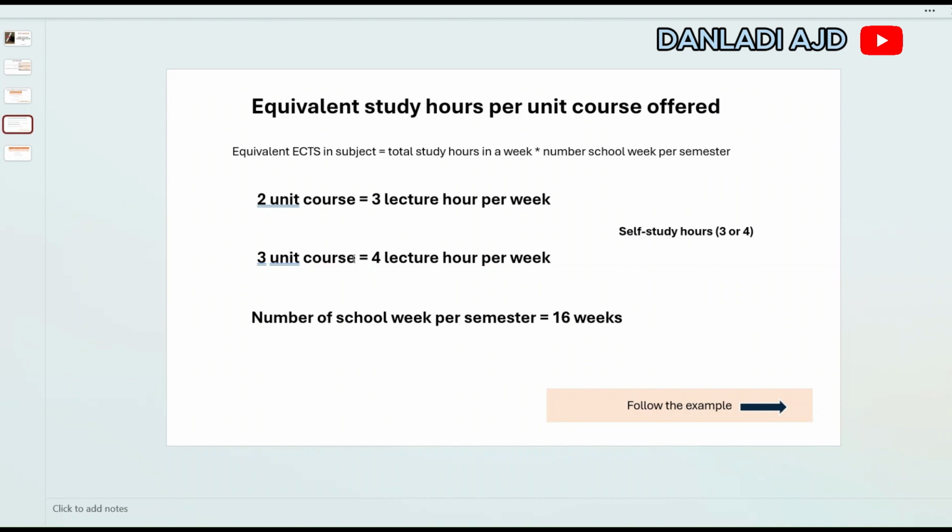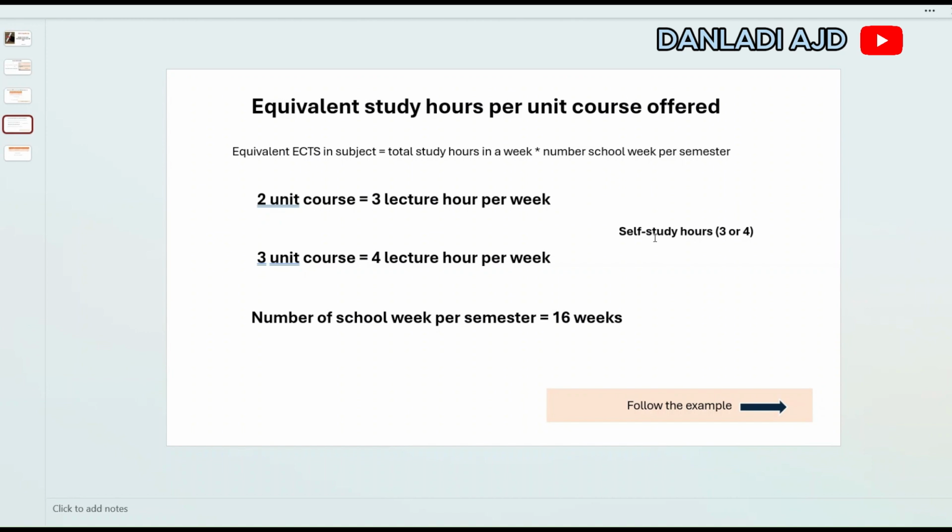So a semester has 16 weeks. Now, for the unit courses that Mr. Nelson Smith took, for a 2-unit course, he is expected to have had lectures of 3 hours per week. And then for a 4-unit course, he is expected to have had lectures of 4 hours per week. In each week, he is also expected to have self-study sessions where he does tutorials or reads.